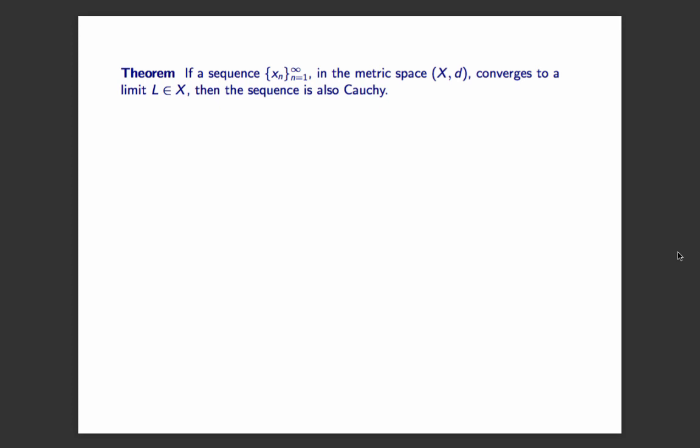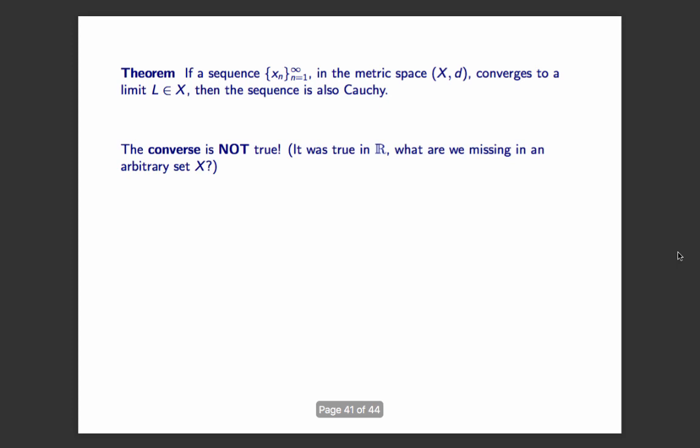Now here's where things get a bit out there. The converse is not necessarily true. If a sequence is Cauchy, that does not necessarily mean that it converges to a limit L. Now, it was true in R. We proved it.